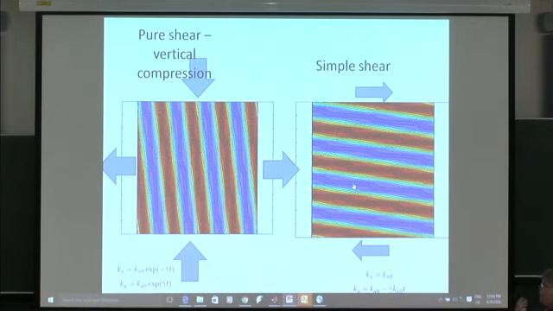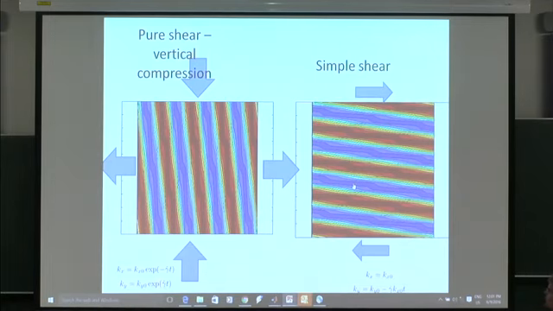All right, so here's my explanation, and it is based on the advection of the bands by the background flow. Okay, so what I'm considering here, these are just bands, and I'm going to show their evolution just by advection. So there's no compaction going on. In this case, I'm looking at a pure shear flow where it's being compressed vertically.